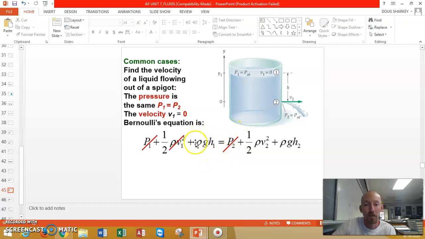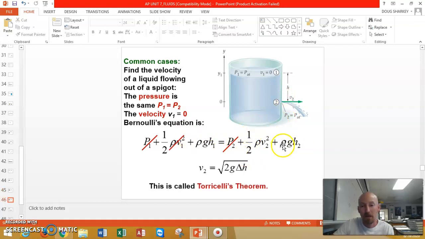So we have left rho g h on the left, because this water is at some height. There's a height difference here, and the top of the water is at a height above the ground. Water is flowing here, so that's the 1/2 rho v squared right here. V2 is what we're going to solve for. And then rho g h is whatever that height is here.